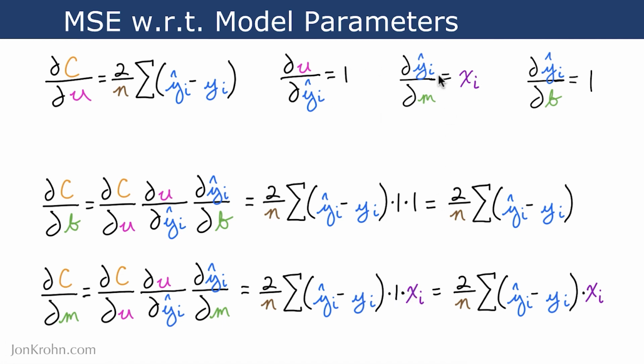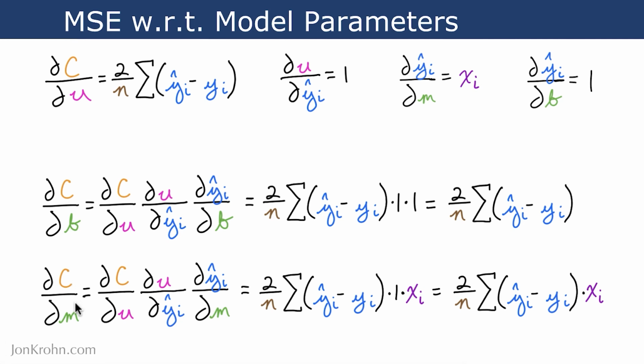And finally, ∂ŷ/∂m is x. So, simplifying this, the 1 disappears, and so we're left with this here. So this is the partial derivative of cost with respect to our regression model parameter m.